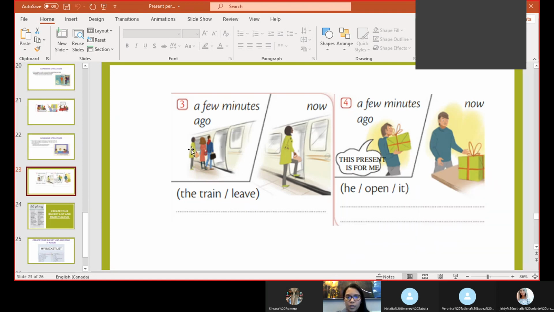So a few minutes ago. So you can say the train has just arrived a few minutes ago, right?